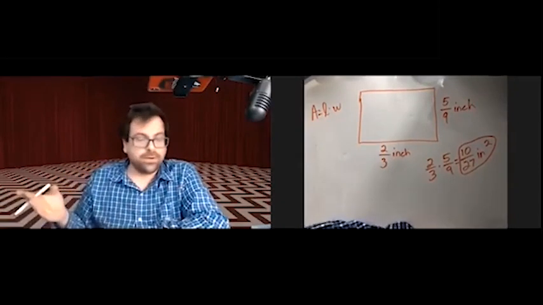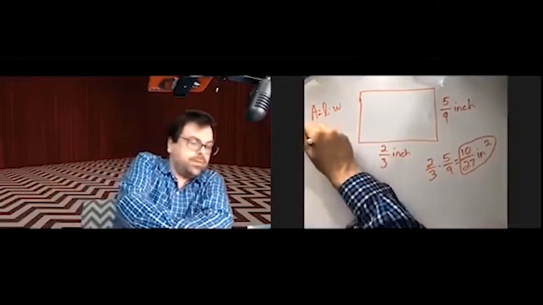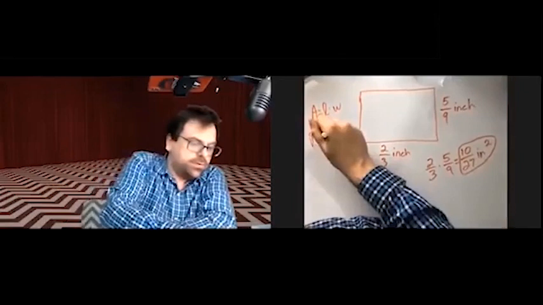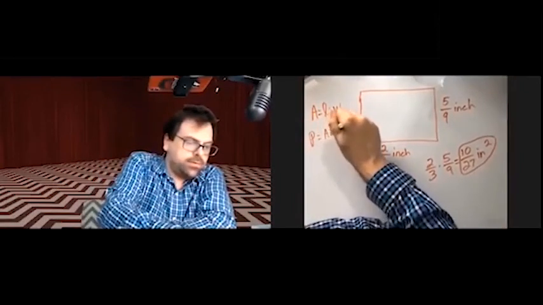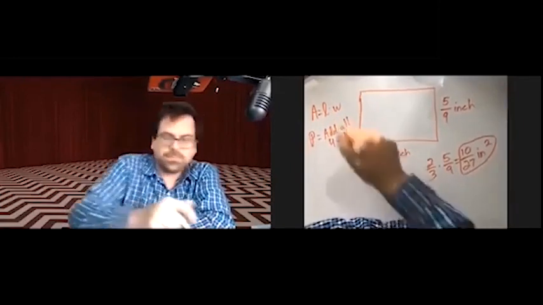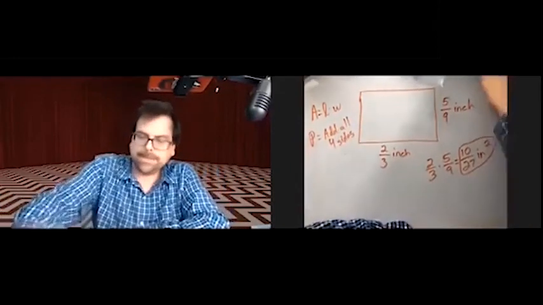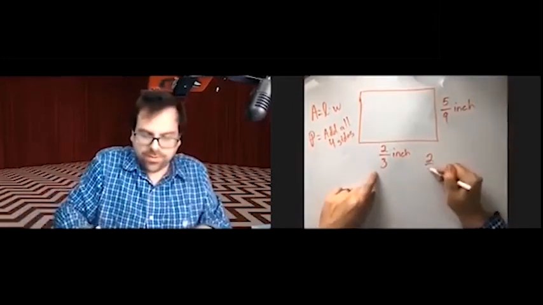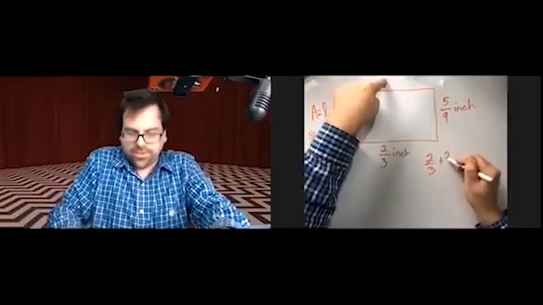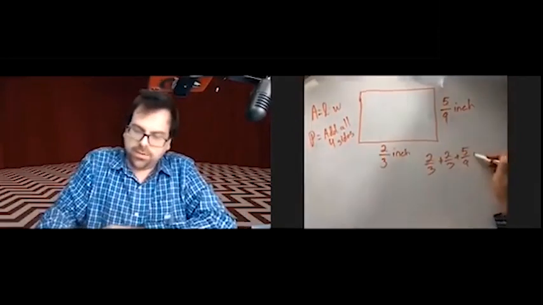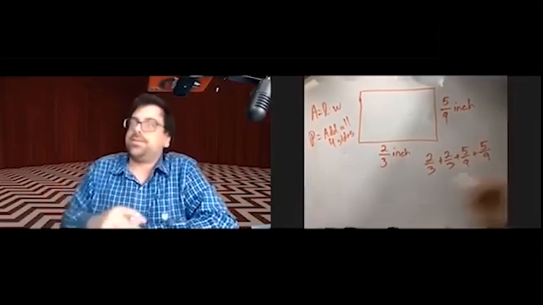Now for the perimeter, we add the sides, all four sides. So that's 2/3 plus another 2/3 and 5/9 plus another 5/9.